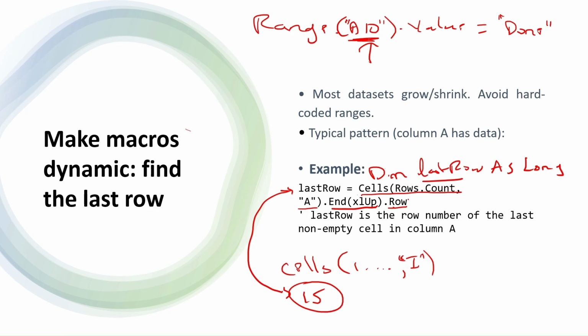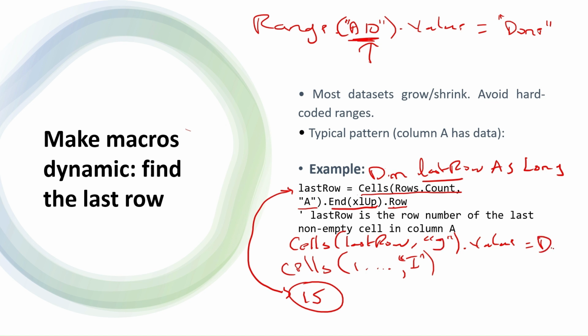After I've written that, I can come here and do Cells(LastRow, and then I put, let's suppose, A or I, but for me it's going to be J in my example.